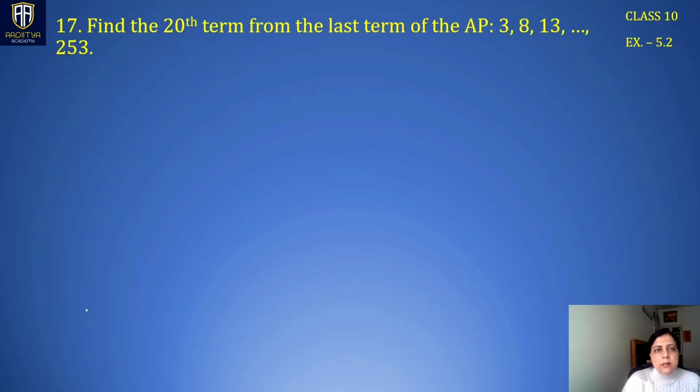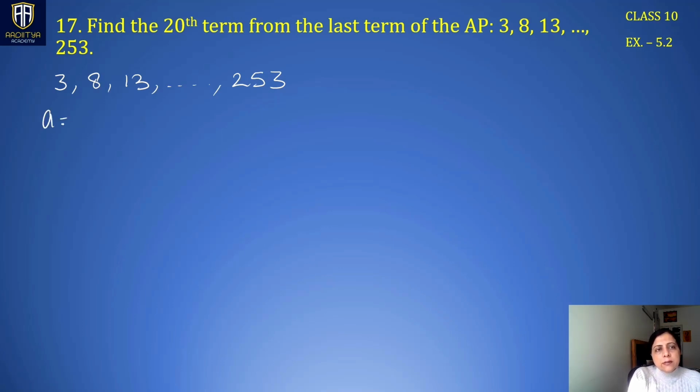Next question is, find the 20th term from the last term of the given AP. Now the AP is 3, 8, 13, and the last term is given as 253. Right? Here you have to learn a new concept, how to move backwards in a sequence.